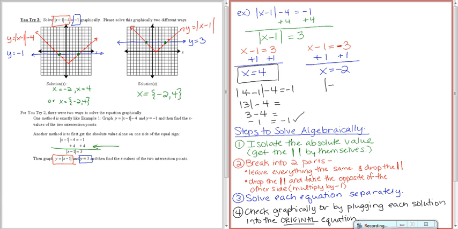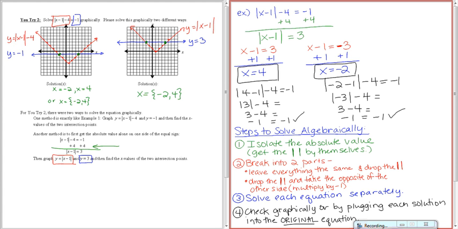If I plug x equals -2 into the original equation, I have -2 minus 1, which is the absolute value of -3. That's then 3 minus 4, which is -1, which equals -1. So x equals -2 is also a solution.